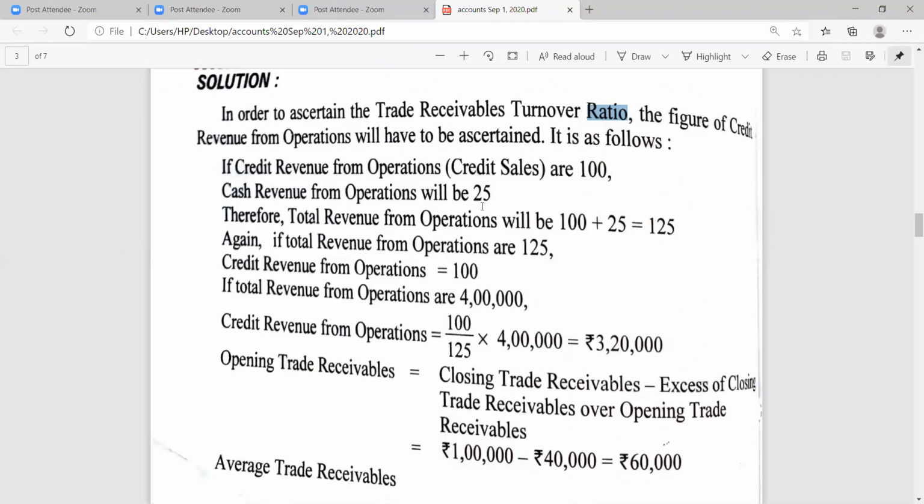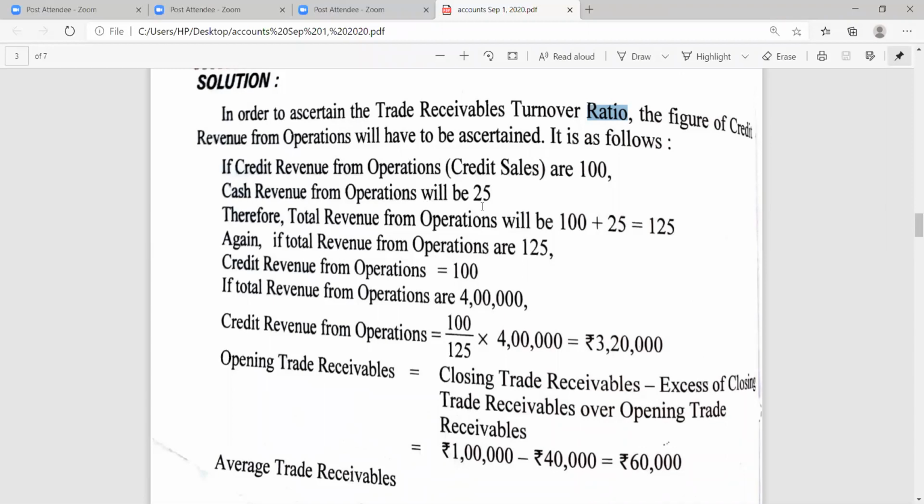If total revenue from operation is 1, then it will be 100 upon 125. If total revenue from operations is 4 lakh, then credit revenue from operations will be 100 upon 125 into 4 lakh, which is equal to 3 lakh 20,000. In this way, we can calculate our credit revenue from operation when different types of information and clues are given.